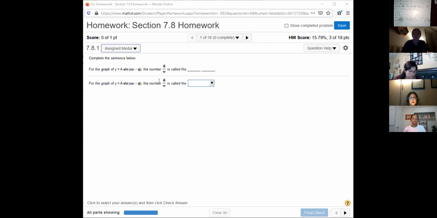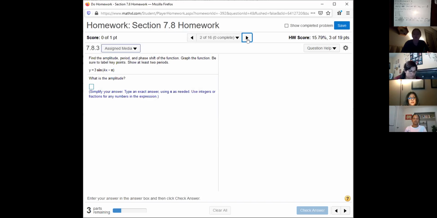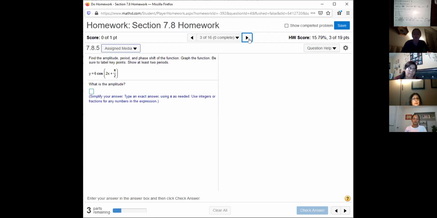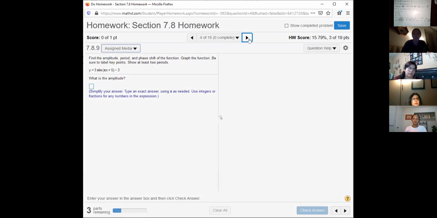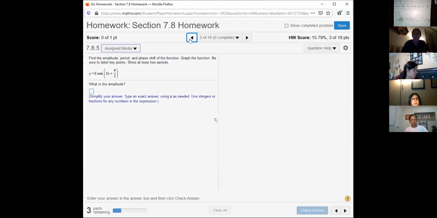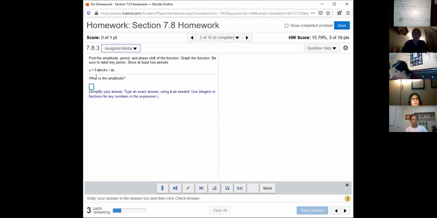Alrighty. So this is just definition. Amplitude. This one's easy. What's the amplitude? 3. Same deal here. 6. They do ask for the period and phase shift, which is going to be the formulas I gave you. So let's go to that first one. Amplitude would be 3.